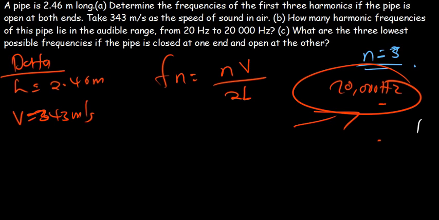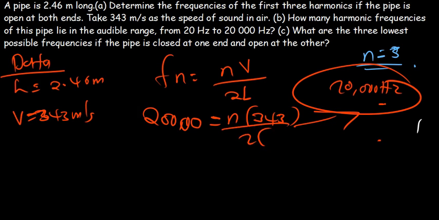So 20,000 is equal to n times the velocity 343, over 2 times the length 2.46. If we cross multiply, we have n times 343, then these two, 2 times 2.46, that is 4.92, times 20,000.